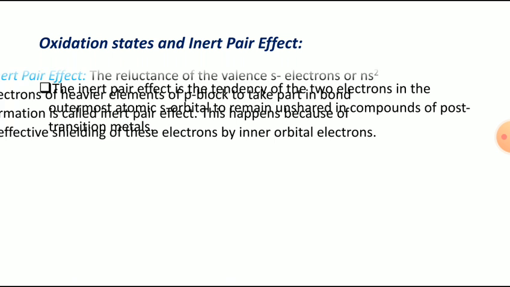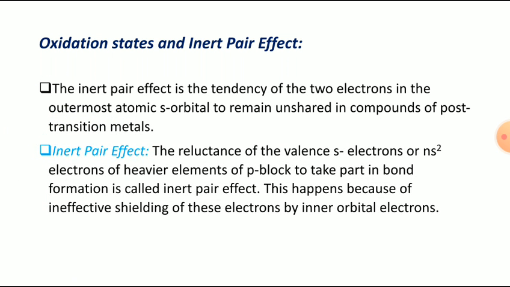Or, inert pair effect is the reluctance of the valence s electrons, or ns2 electrons, of the heavier elements of p block to take part in bond formation. This happens because of ineffective shielding of these electrons by inner orbital electrons.